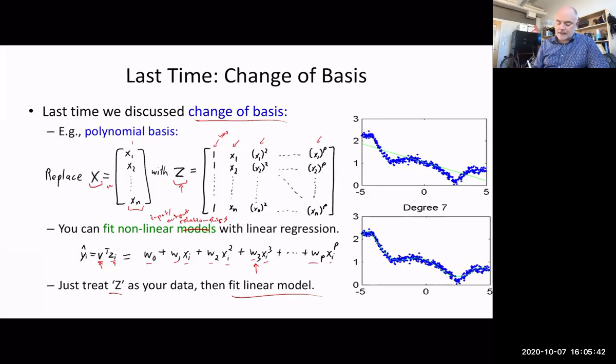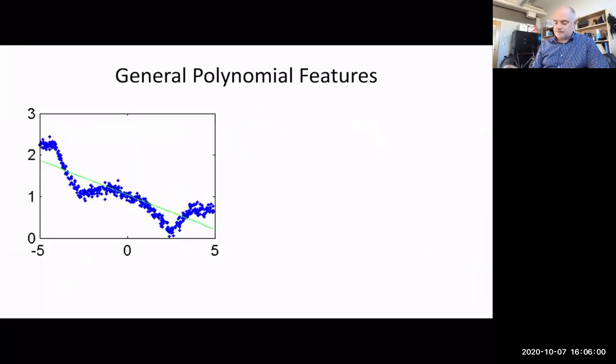If you plug in x into this equation right here, the value of that is some polynomial. So here we have a low degree, a first order polynomial, fit to this data. And here we have a higher order polynomial, a degree 7 polynomial fit to this data, okay?